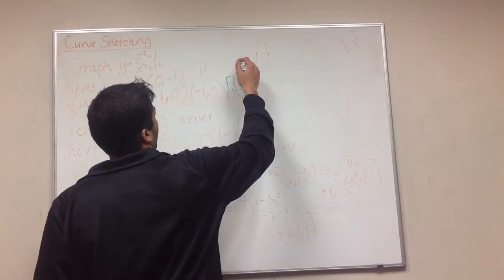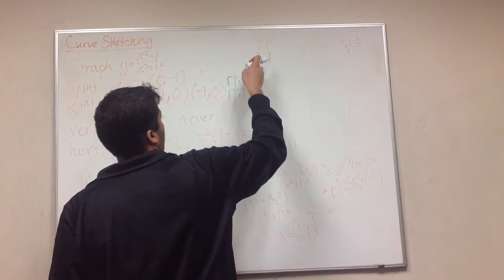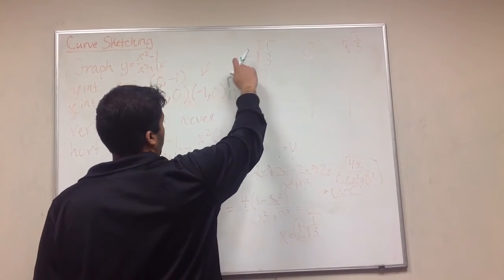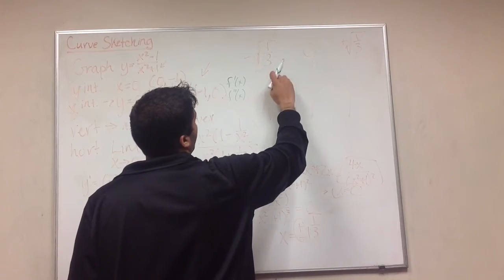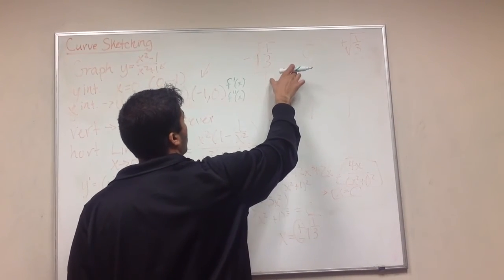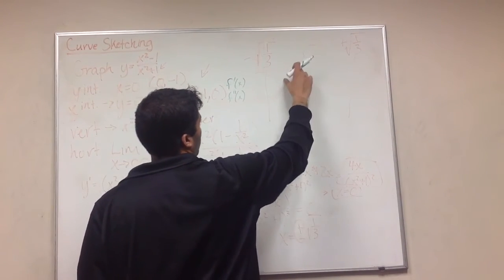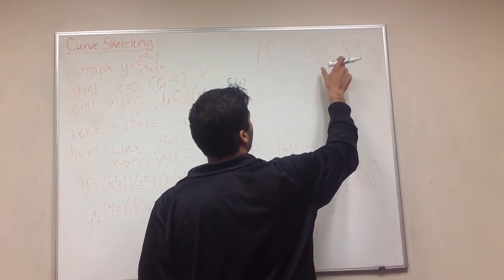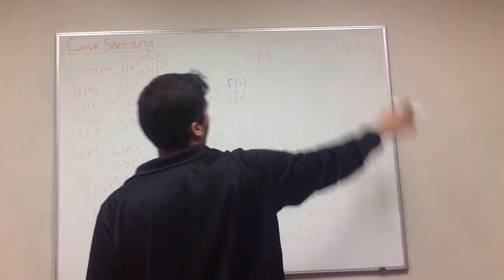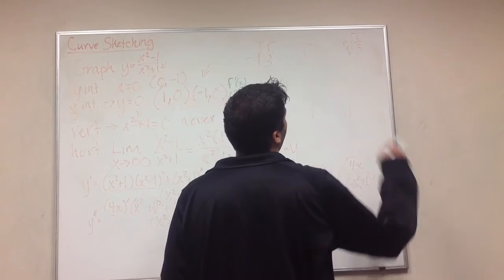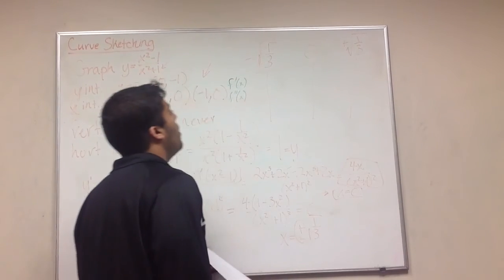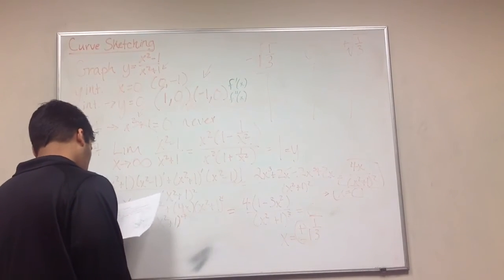So we're going to plug in values that are anything below negative square root of 1/3, a value between negative square root of 1/3 and 0, the same thing between 0 and square root of 1/3, and a value higher than square root of 1/3.